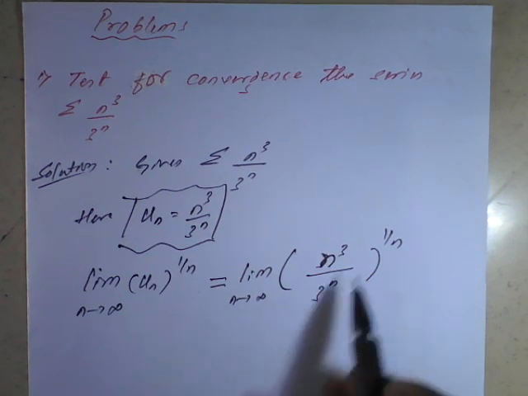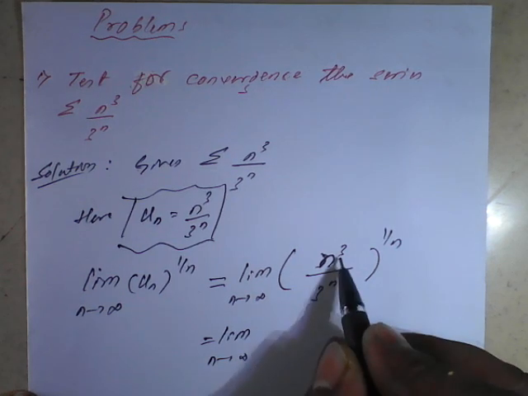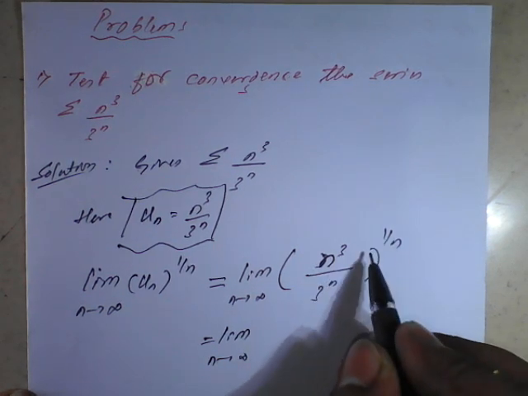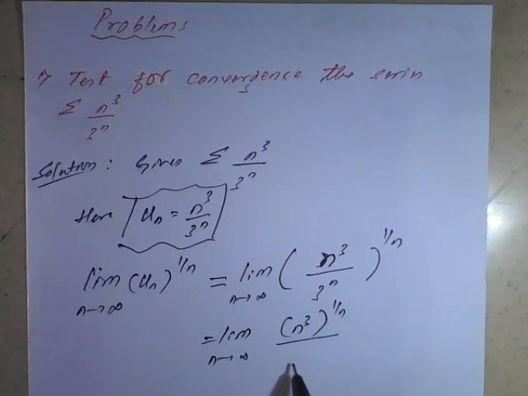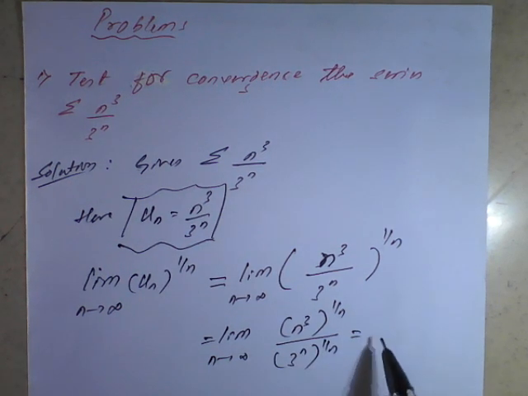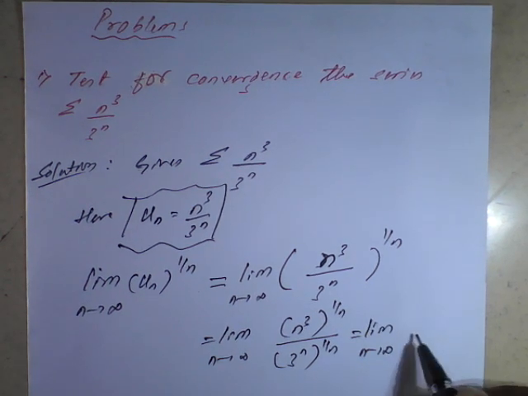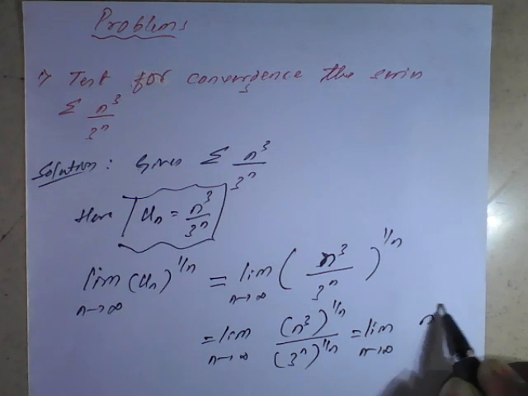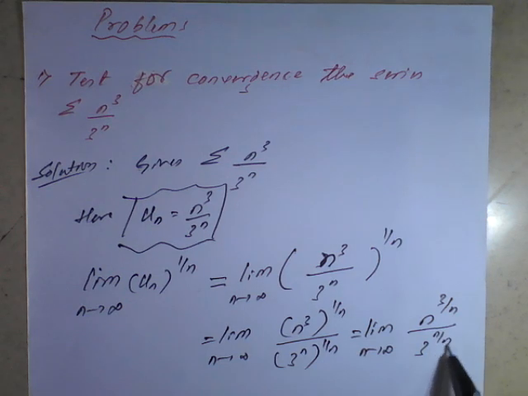We simplify by separating the powers: n cube raised to 1 by n divided by 3 raised to n raised to 1 by n, which is equal to limit n tends to infinity of n raised to 3 upon n divided by 3 raised to n upon n.